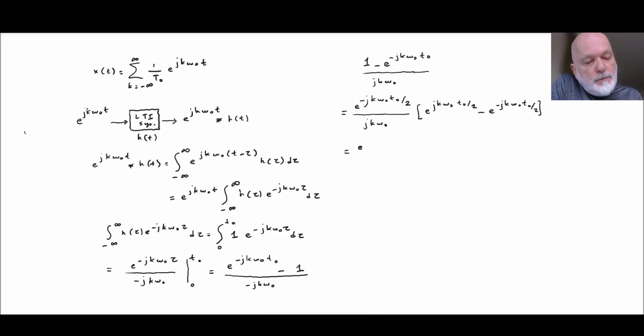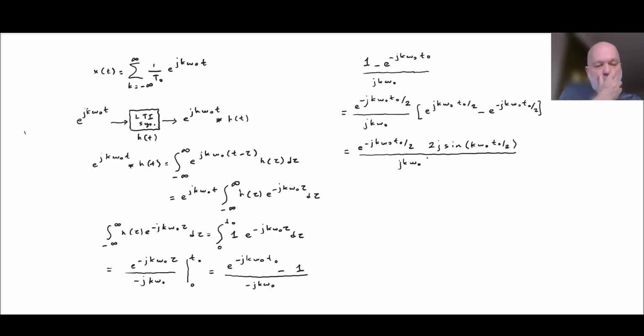Now we have e to minus jk omega 0 t0 over 2. And let us look at this expression inside the brackets. It is 2j sine k omega 0 t0 over 2 divided by jk omega 0.